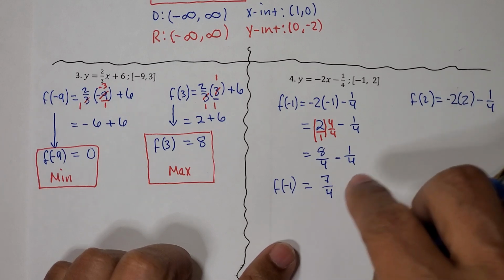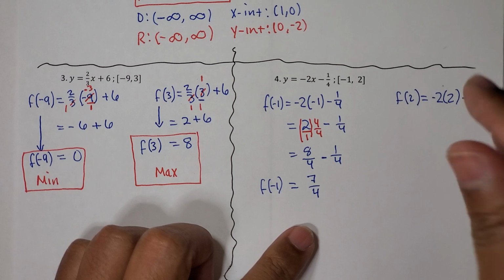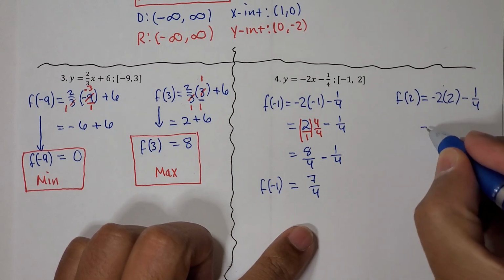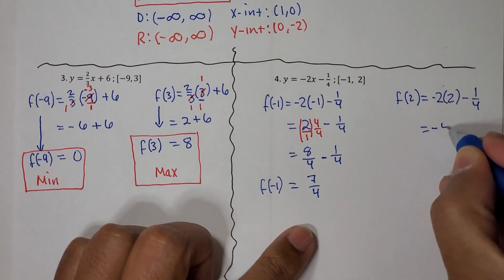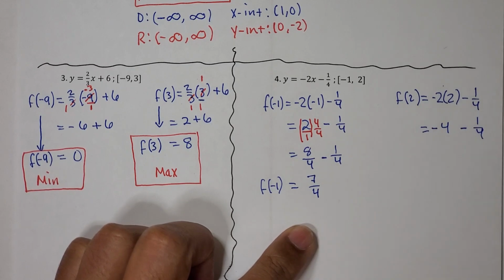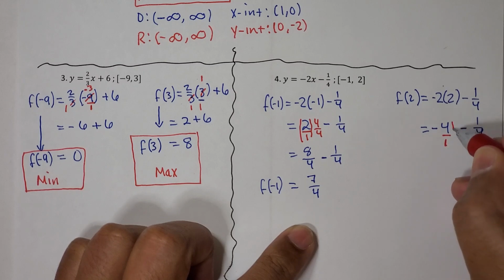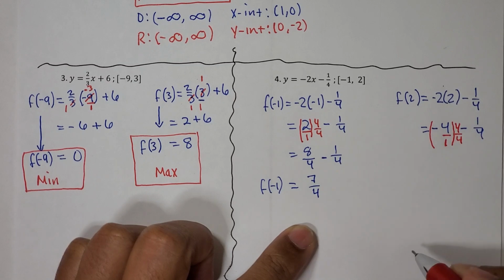Again, we don't know if this is a maximum or minimum value. So let's go ahead and do this one and we'll find out if it is or not. So then this -2 times 2 is -4 minus 1/4. And again, we don't have a 4. We have a 1 under this 4. So we need to multiply top and bottom by 4. Okay, 4 over 4.